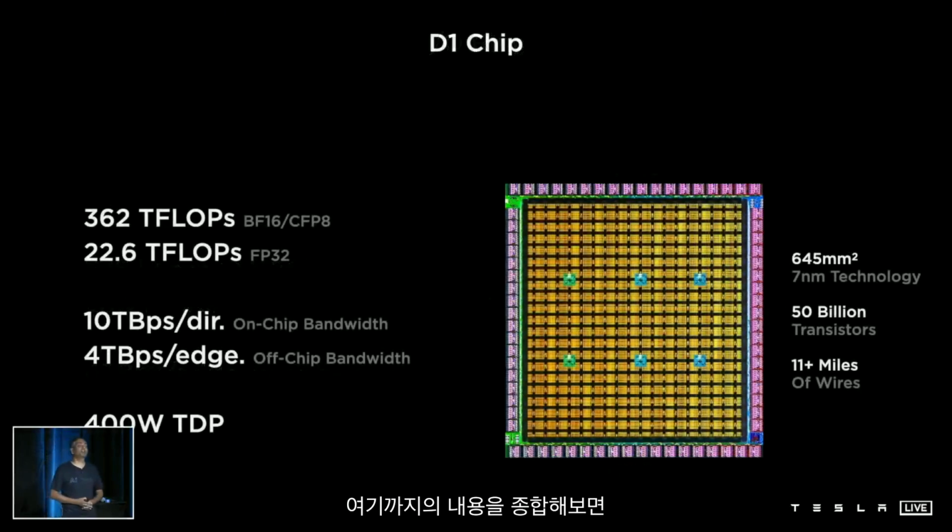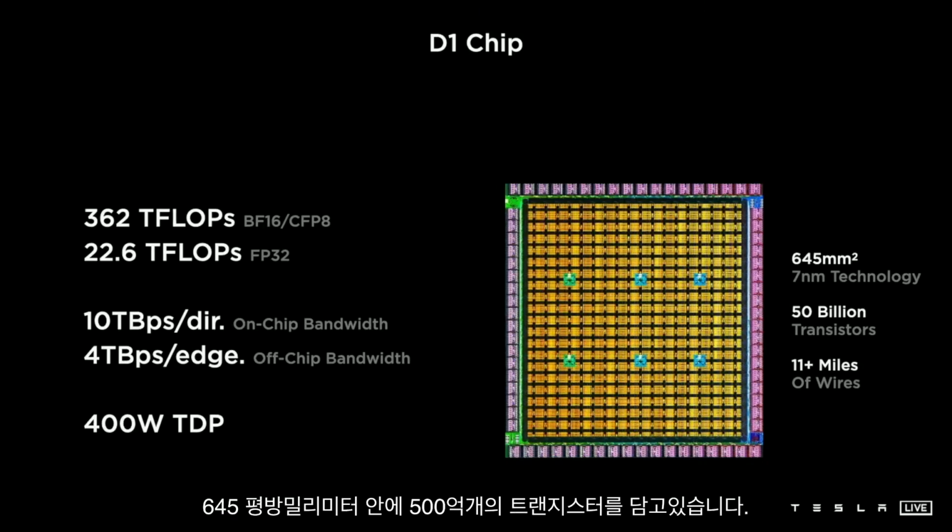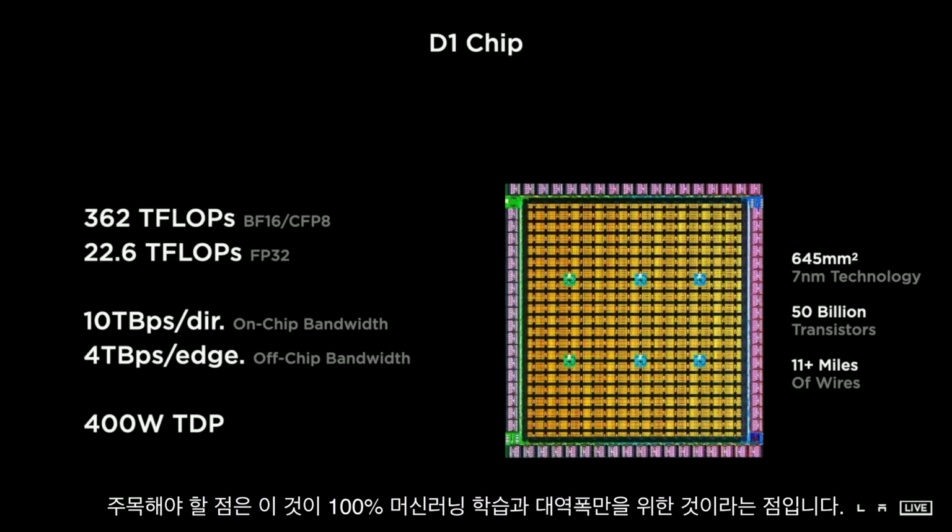If we put all of it together, we get training optimized chip, our D1 chip. This chip is manufactured in 7 nanometer technology. It packs 50 billion transistors in a miserly 645 millimeter square. One thing you'll notice, 100% of the area out here is going towards machine learning training and bandwidth.